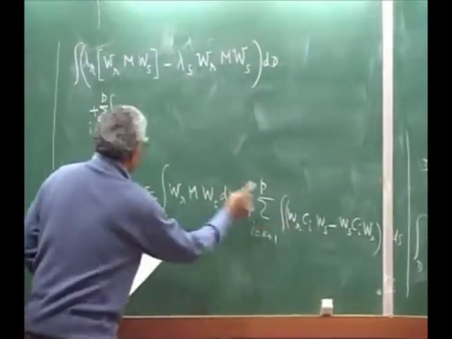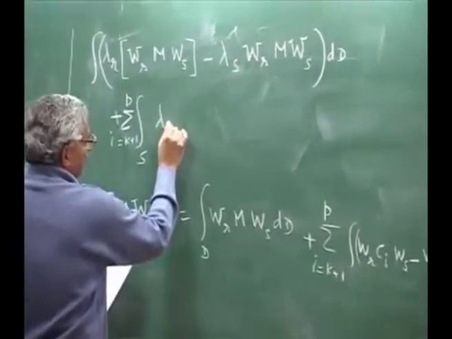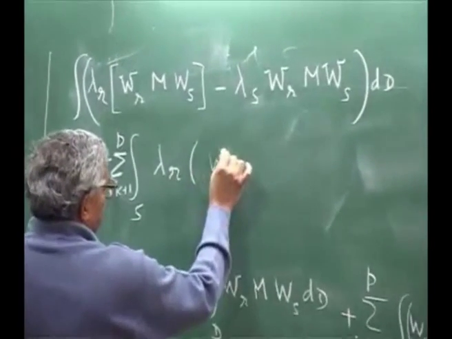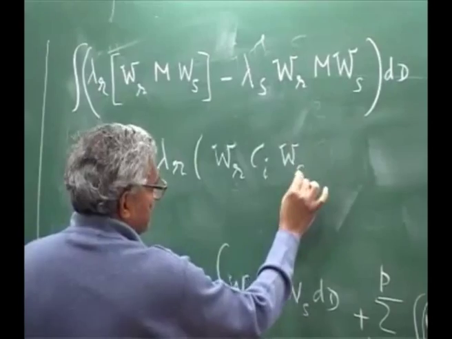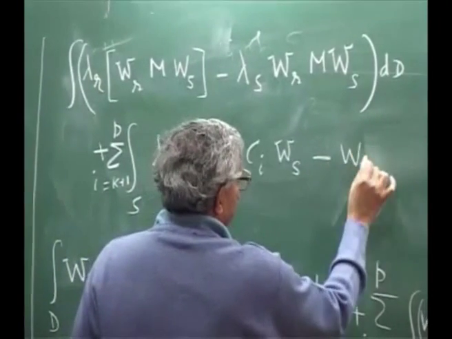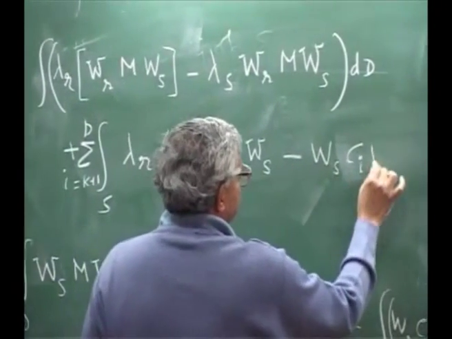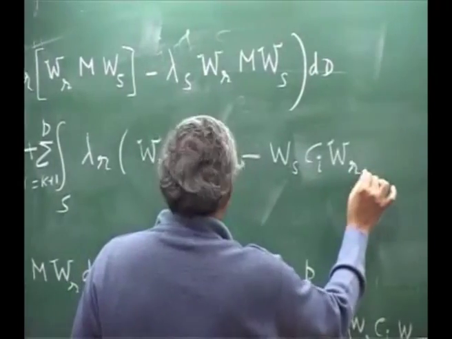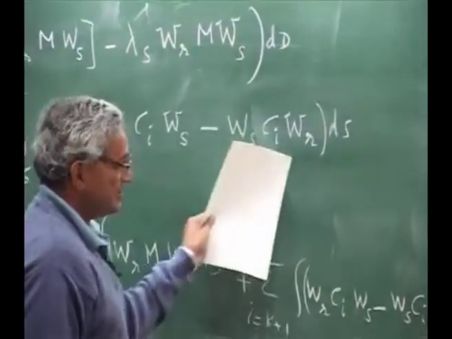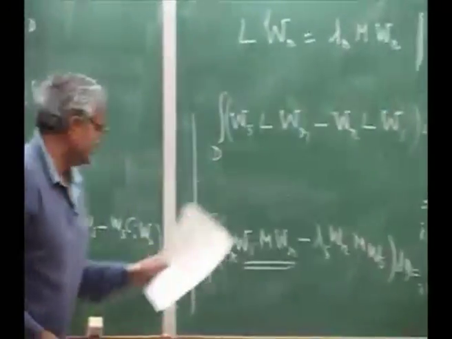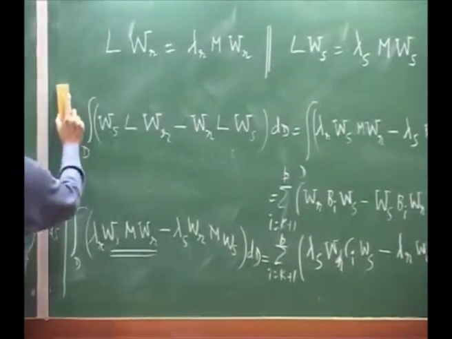Again you will multiply lambda r Wr Ci Ws minus Ws Ci Wr dS. Then this you have to equate to that term. Okay. So I erase this part.